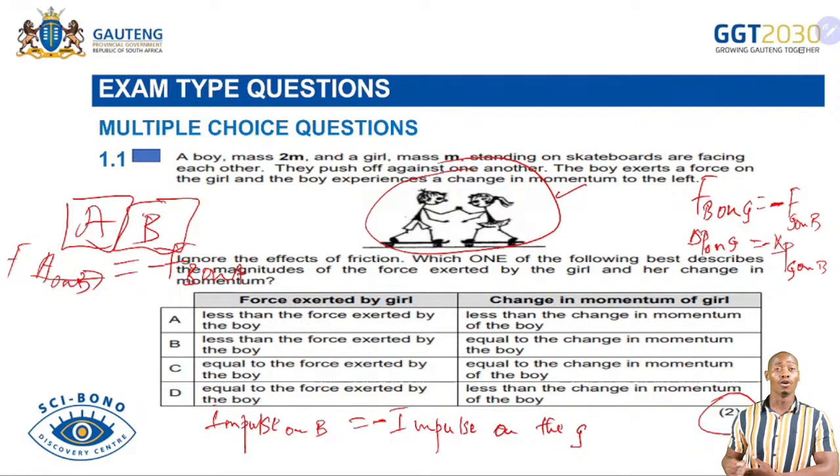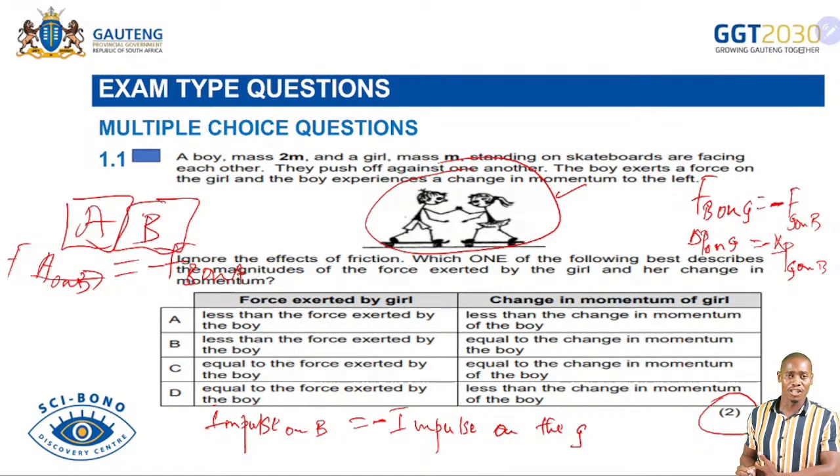So we don't only talk about forces. During contact, the force that the girl exerts on the boy will be equal to the force that the boy exerts on the girl, but acting in opposite directions. That is very, very important. Then even the change in momentum on the girl by the boy will be equal to the change in momentum on the boy by the girl, acting in opposite directions.